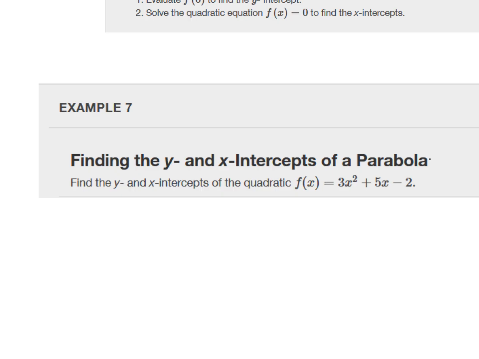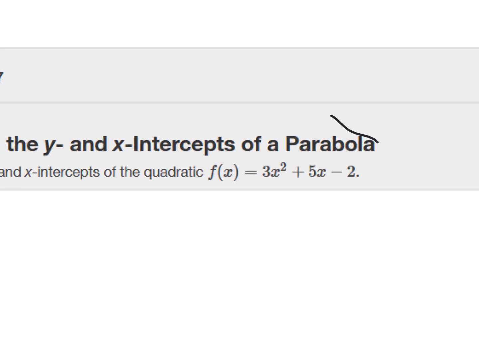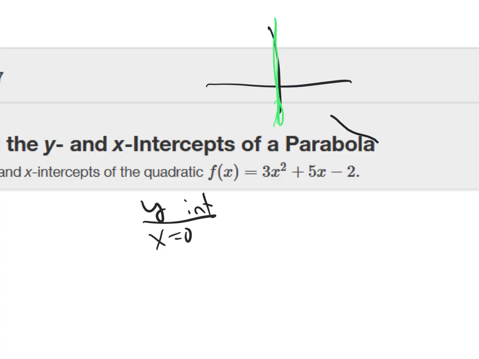So here's your equation. Find the x and y intercepts. This function, f of x is 3x squared plus 5x minus 2. Let's find the y-intercept first. That's the easiest. Remember what I said before. X has to be 0. So f of 0 means this gets a 0 and this gets a 0.